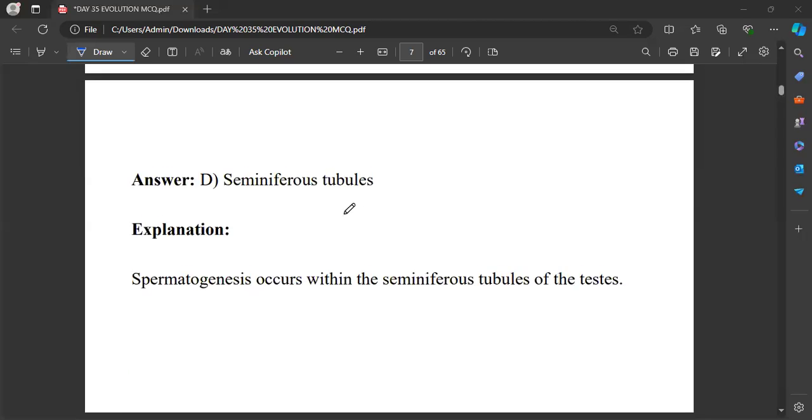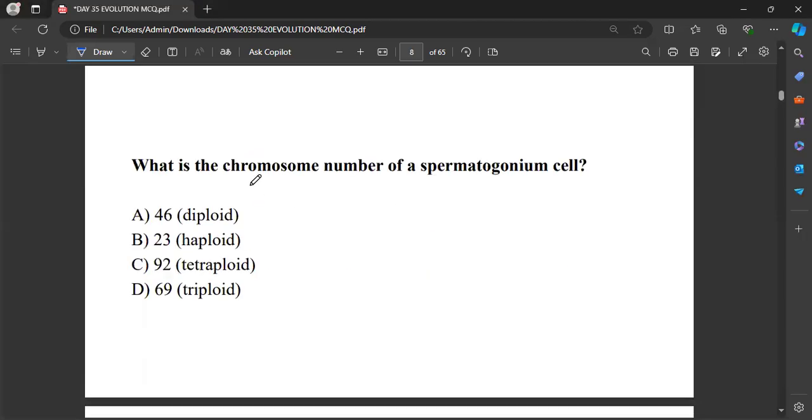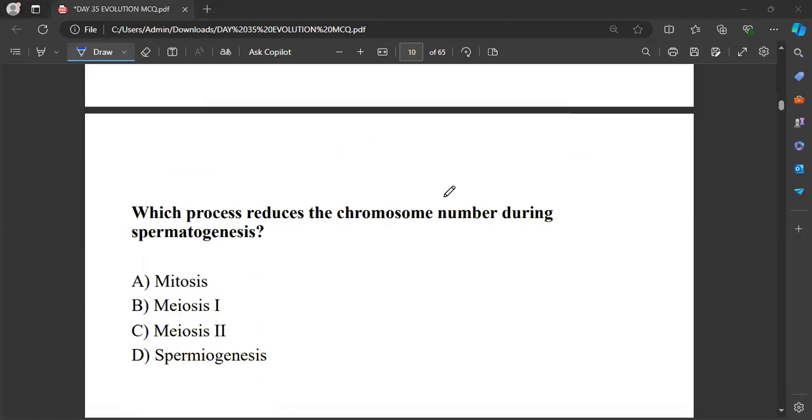That will be the seminiferous tubules. What is the chromosome number of the spermatogonium cell? Spermatogonium will be diploid in nature.